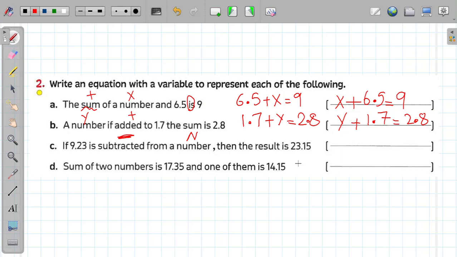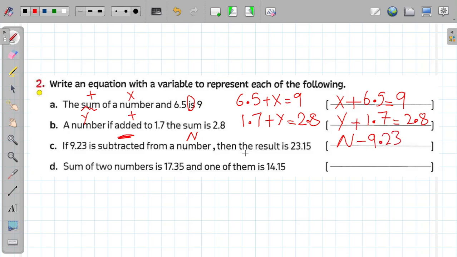So which number is first, 9.23 or n? I will subtract from n, so n is the bigger number, so I will write n first, and I will say minus 9.23.